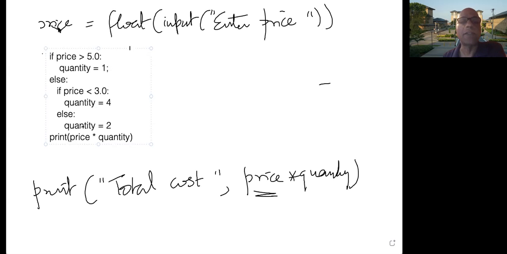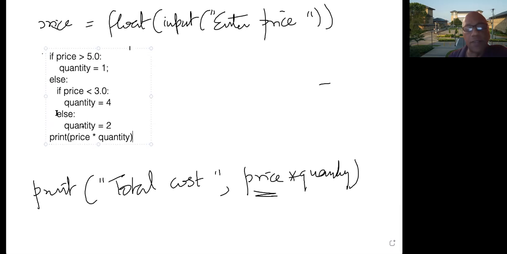Let's assume price of milk is very high, like $6. If price is 6, we will come here and check. Price 6 greater than 5. 6 is greater than 5, so this is true. We will set quantity to 1. We will ignore everything that is under the else.